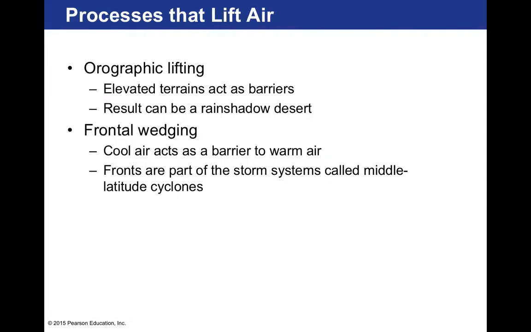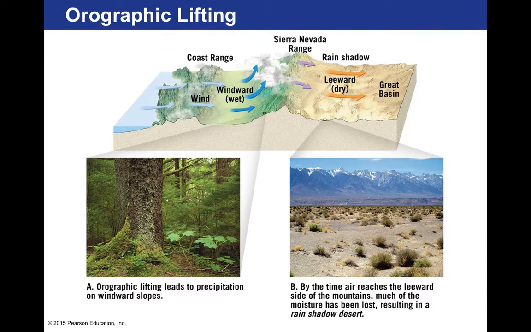All right, the last part of Chapter 17, Part 1, is going to describe different processes that will lift air, allowing clouds to form. The first two types are orographic lifting and frontal wedging. Orographic lifting is when the actual geography of a region, in this example, forces an air parcel coming from the coastal region up into the sky, increasing in altitude once it reaches a mountainous region.